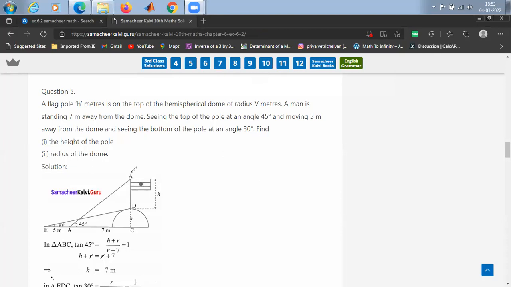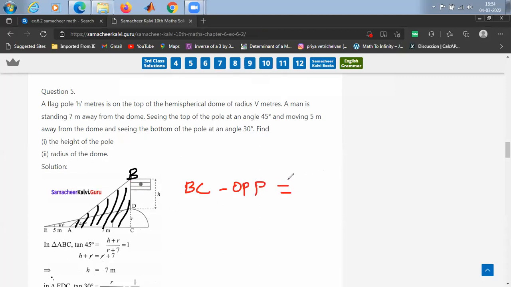Let's mark this as B. So take triangle ABC. The BC is going to be the opposite side. And what is BC?